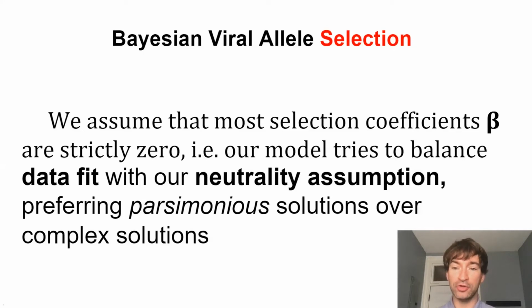So this is how our neutrality assumption gets encoded at the statistical level. And so what this means is that we're going to assume that most selection coefficients beta are strictly zero. In other words, we're looking at those models which are parsimonious, and we're going to prefer solutions that are simple over solutions that are complex.